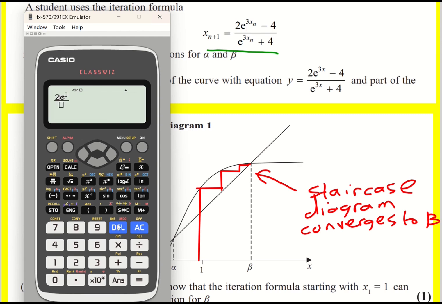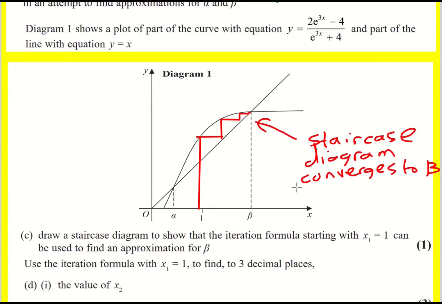So 2e, just do it really carefully, that's what I would advise, 2e^(3 times answer) minus 4 over e^(3 times answer) plus 4. This gives us our next point, 1.5017.